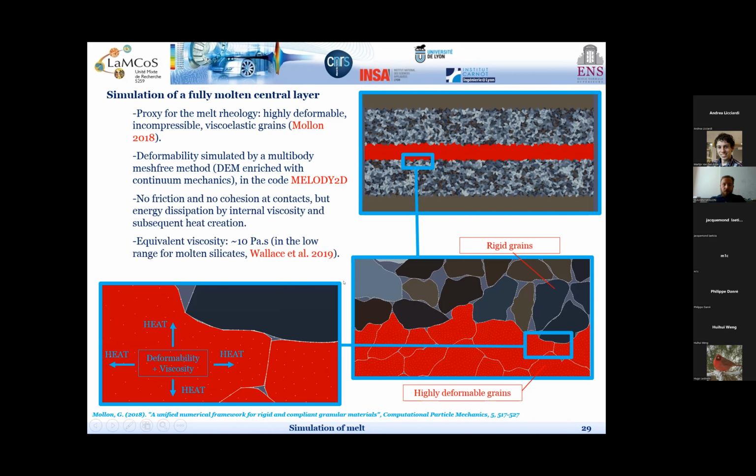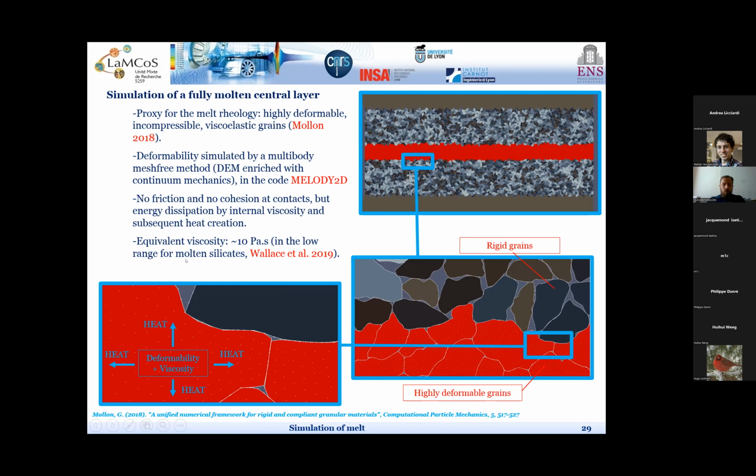So this leads to an equivalent viscosity in this layer, which has been measured afterwards to be close to 10 Pascal seconds. And this is actually not too far from what we can find for molten rock viscosity, especially for molten silicate.